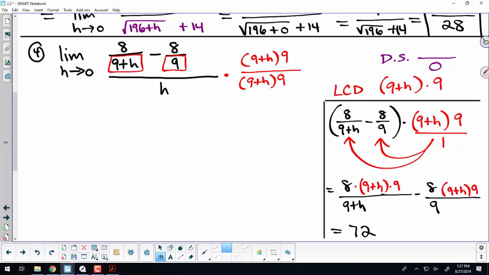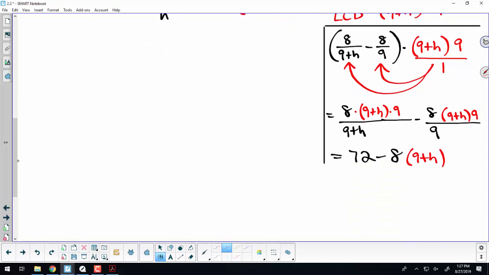What does that give us? Just 8 times the quantity 9 plus h. All right, so that's the entire numerator in that expression above, but it doesn't have any more fractions.